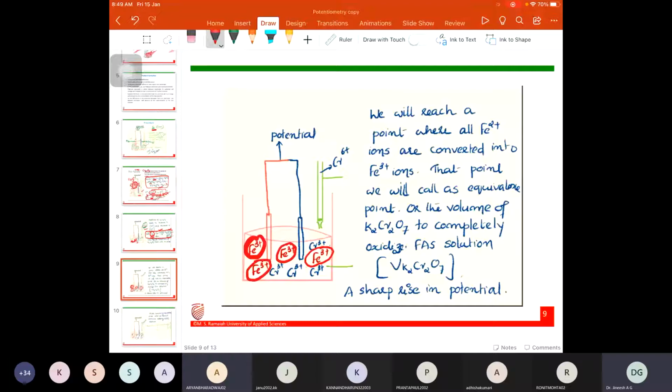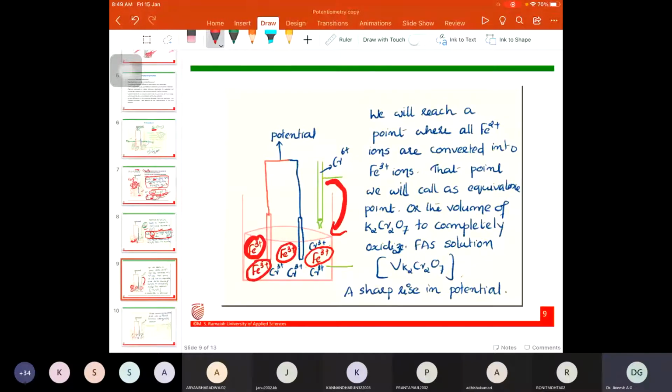Now, we are not stopping the addition of potassium dichromate. I told you the reaction got over, but we are not stopping the addition of potassium dichromate. So what does it mean? Even after the conversion of Fe2+ ions into Fe3+ ions, we are still adding potassium dichromate solution into the beaker.